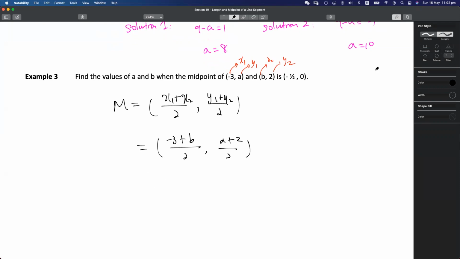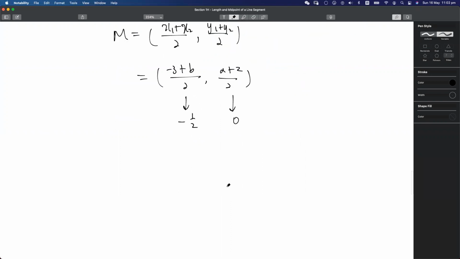What we know for the midpoint is that the x-coordinate of the midpoint is -1/2, and the y-coordinate of the midpoint is 0. Now we've got two equations, and we're going to solve for b and a from the two equations. Equation 1: (-3 plus b) over 2 is equal to -1/2.